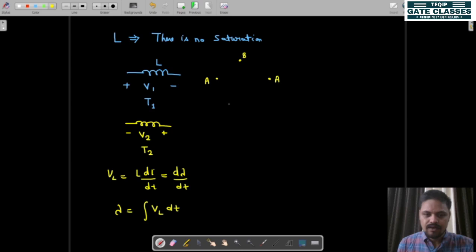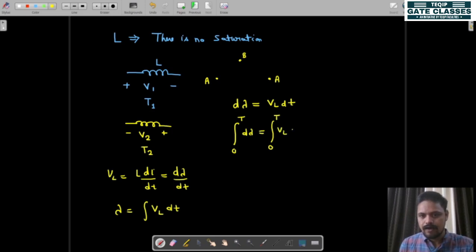So, from the basic formula, d lambda is equal to VL dt, and if you integrate over one cycle, 0 to t, the integral of d lambda is equal to the integral from 0 to t of VL dt.